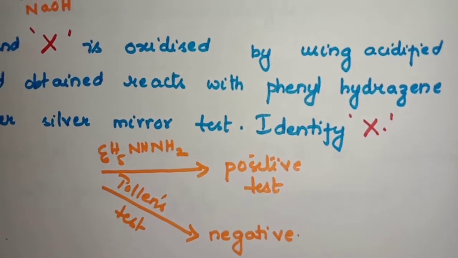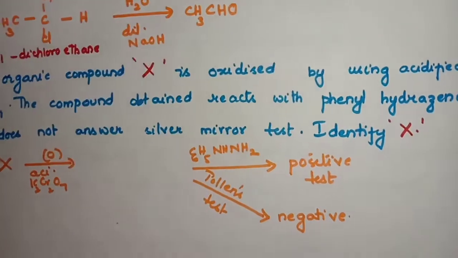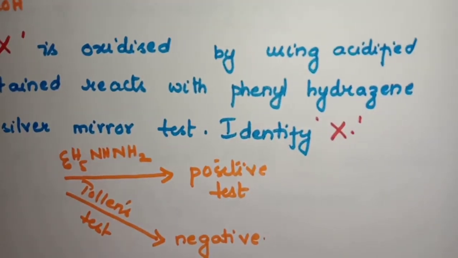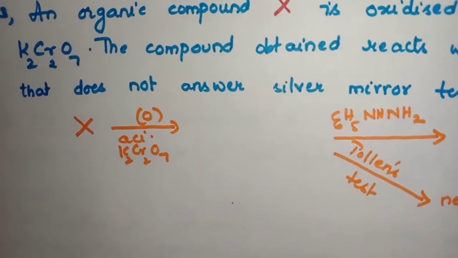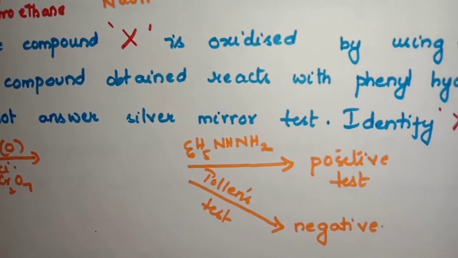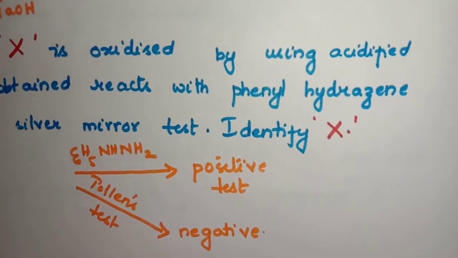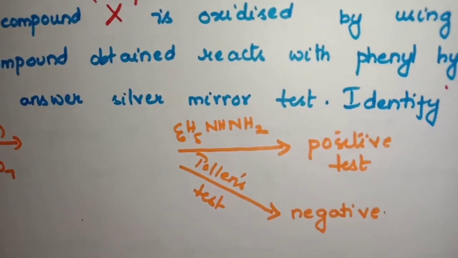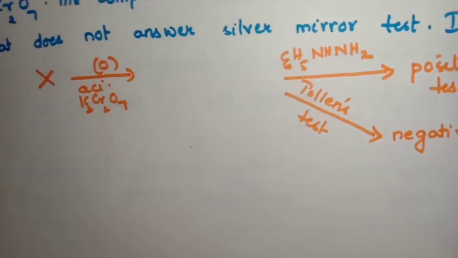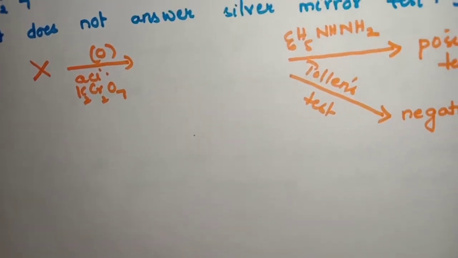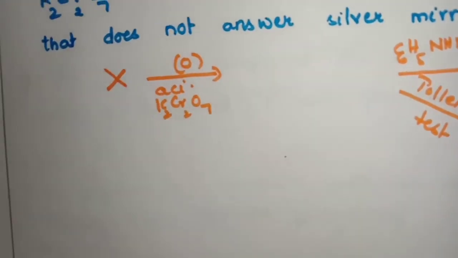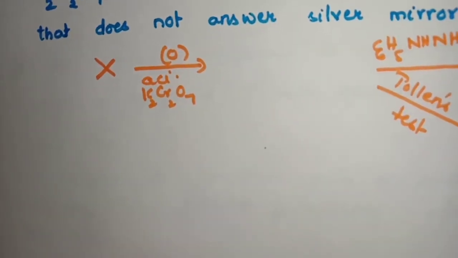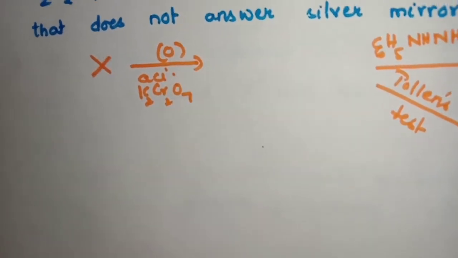Identify the compound X. What is that compound? We all know that ketones do not respond to the silver mirror test but can react with phenylhydrazine.